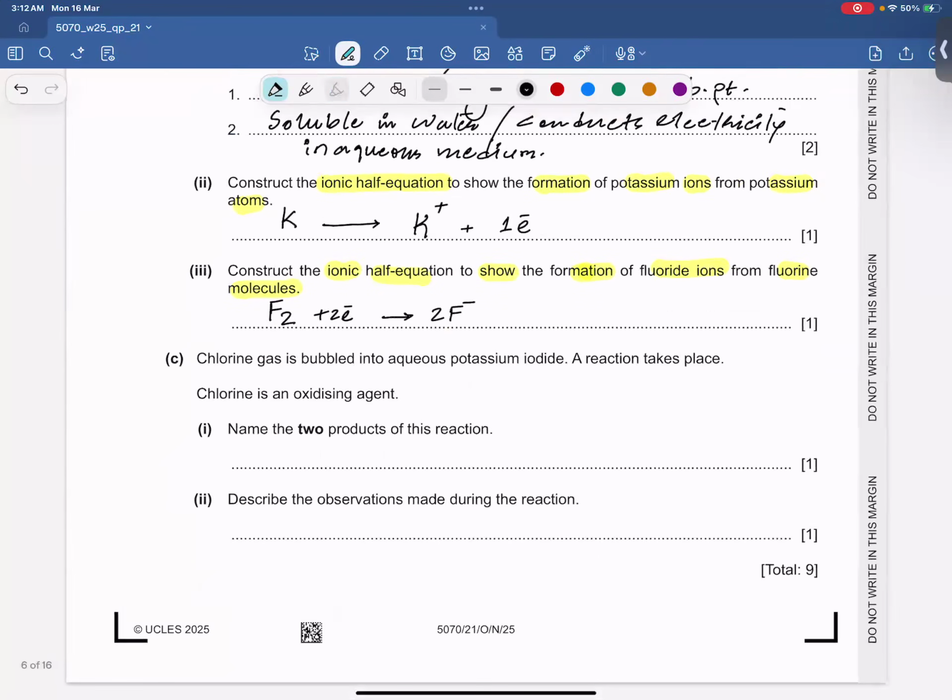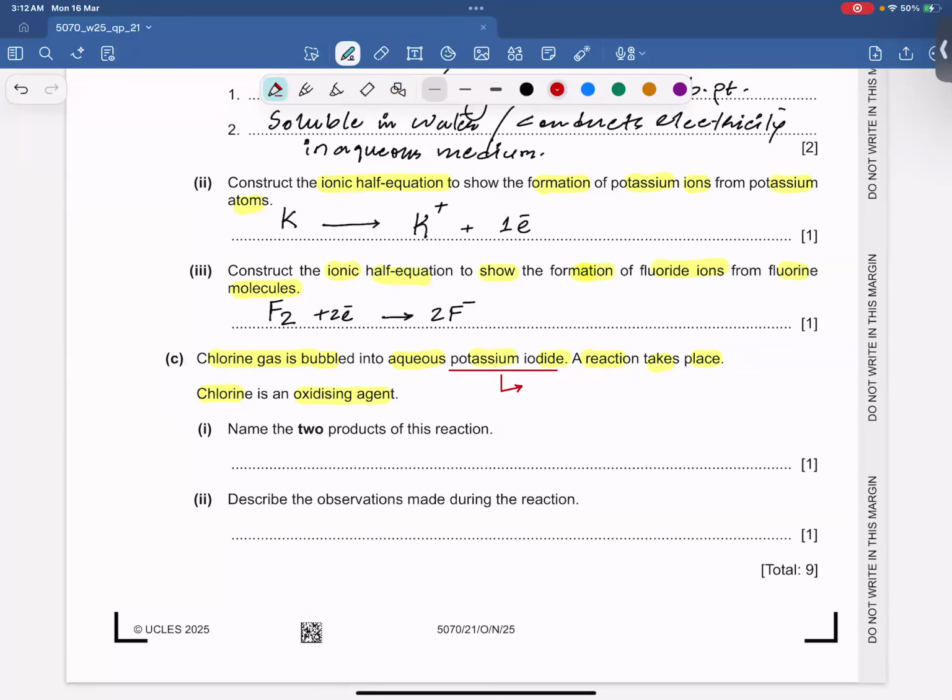Chlorine gas is bubbled into aqueous potassium iodide. A reaction takes place. Okay. Chlorine is an oxidizing agent. All right. If chlorine is an oxidizing agent, let me tell you, potassium iodide is a reducing agent.